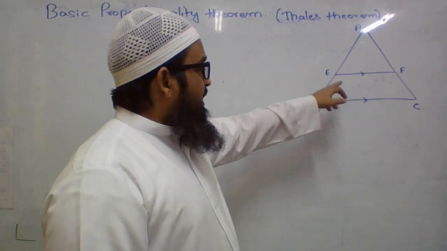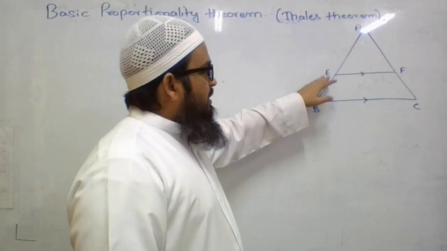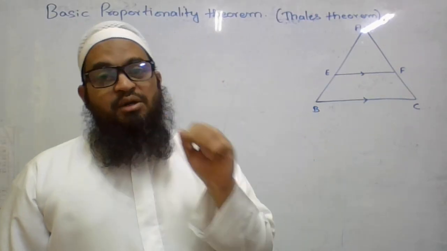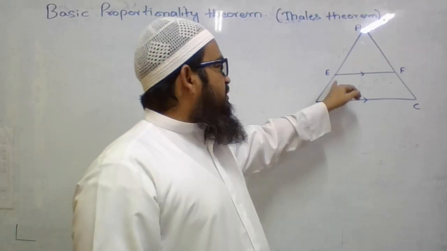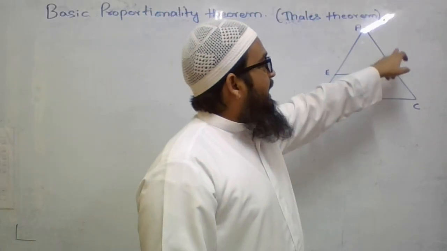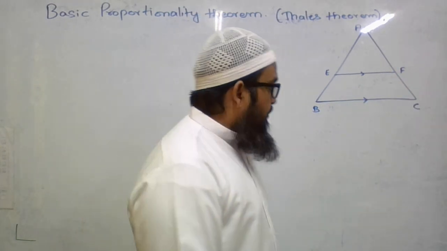So, if a line is drawn parallel to BC which intersects the other two sides in distinct points, then the other two sides are divided in the same ratio or in proportion.